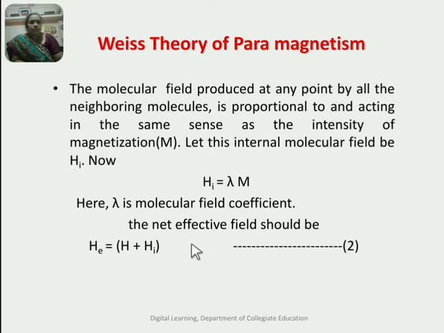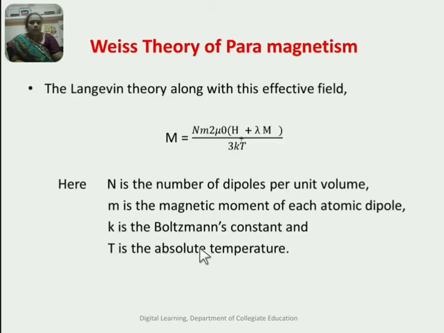After substituting Hi from equation 1 in the above equation, we get He is equal to H plus lambda M. Here H is the external applied field.